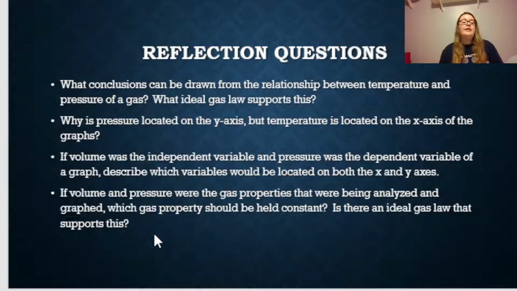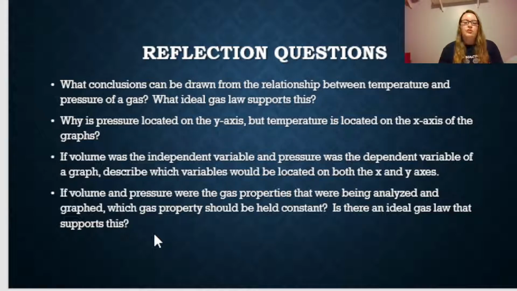And so the first one is, what conclusions can be drawn from the relationship between temperature and the pressure of a gas? And so just as I stated, they are directly proportional. If one increased, then the other increased as well. And the second part of that question is, what ideal gas law supports this? And that's Gay-Lussac's law, which is also known as Amontons' law, and that is whenever pressure and temperature, again, are directly proportional.